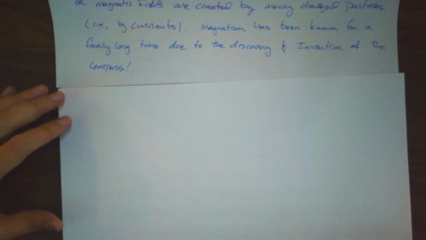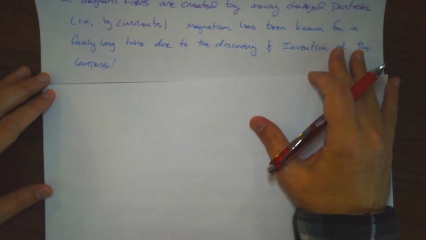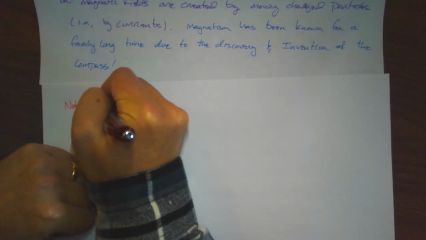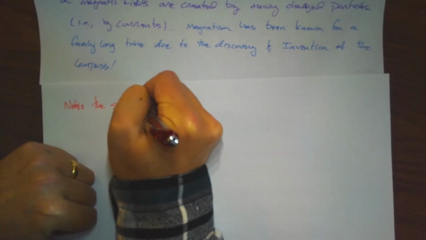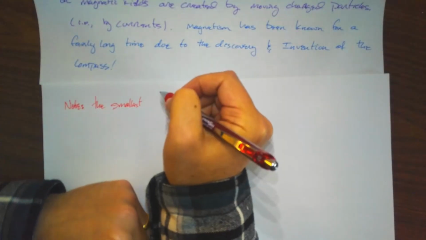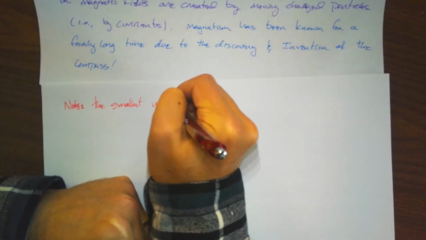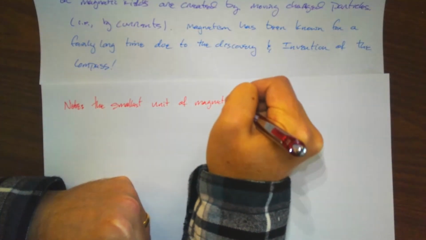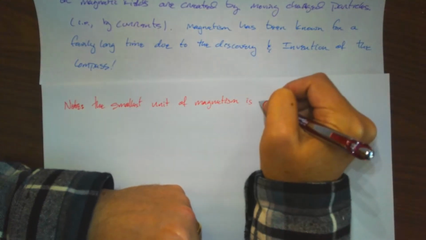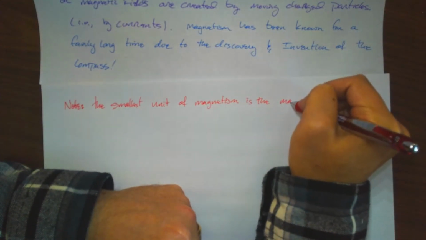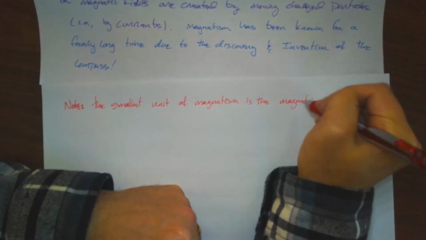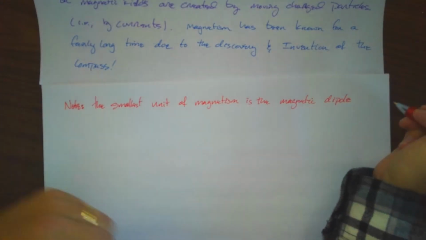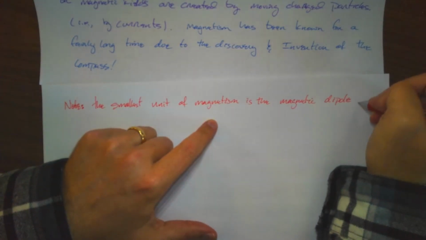And so the smallest unit is the magnetic dipole.